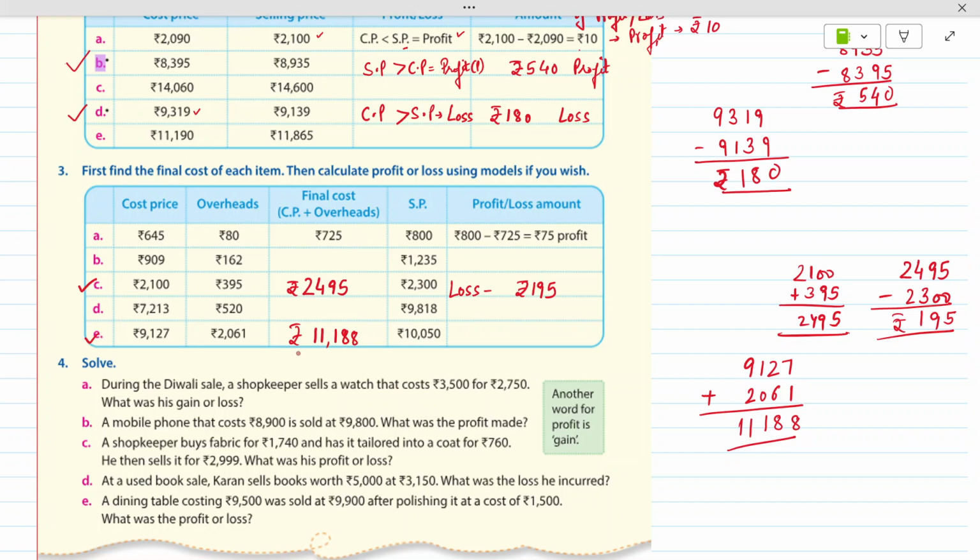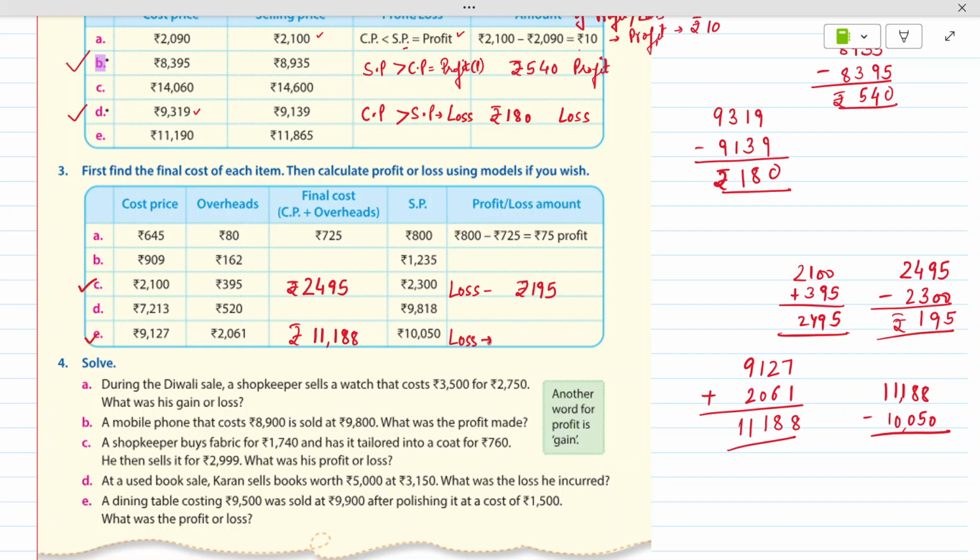This is the final cost. Now, from this final cost, we will see what the selling price is. Selling price is 10,050. So that means we are selling it at a lower price, because selling price is less than the cost price. So I'm writing the selling price here, 10,050. So selling price is less than cost price.